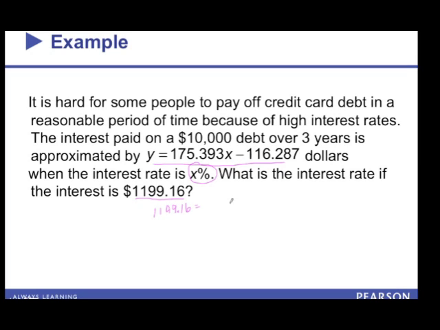Well, so 1199.16 equals 175.393x minus 116.287.